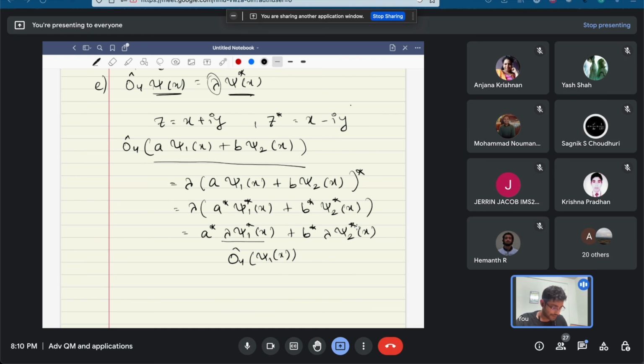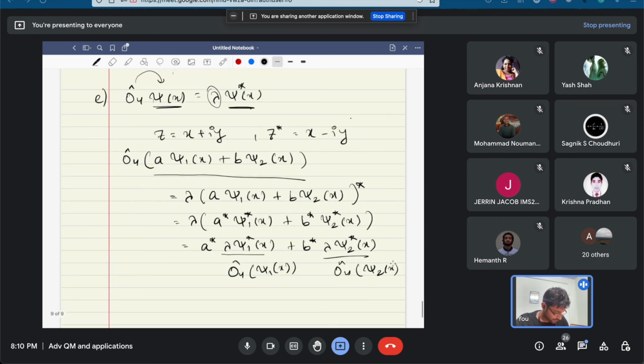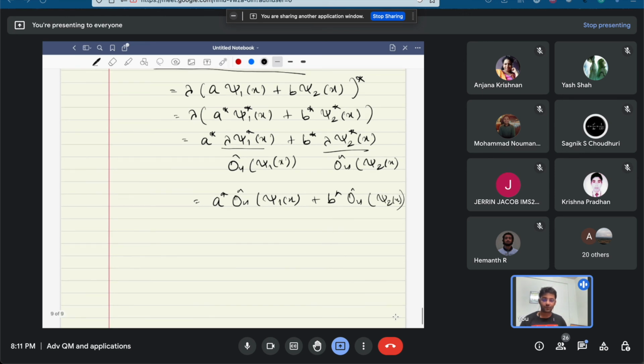So here you can say that lambda psi 1 star of x is essentially the operator acting on psi 1 of x, and similarly here we have the operator acting on psi 2 of x. But this is actually a times O4 psi 1 of x, b star times O4 psi 2 of x. But are these the same? So would you call this a linear operator or non-linear operator?